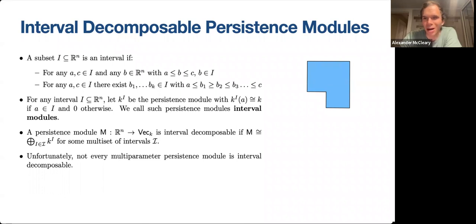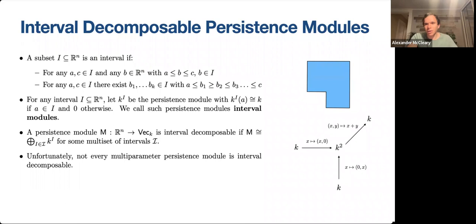Unfortunately, though, this is not the case in multi-parameter persistence. Not every multi-parameter persistence module is interval decomposable. So here's an example, right? You can think about this as just being embedded in R2 if you want. Really, we're only going to look at these 4 vector spaces here.